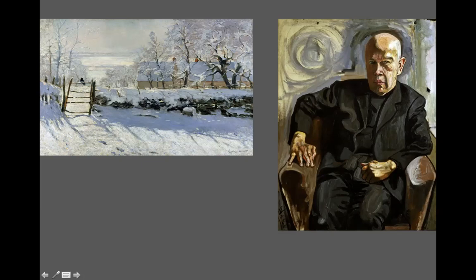So you can always tell the temperature of the light source in an Alice Neel painting. So we see the kind of bluish indication of the light hitting probably the windowsill or the window frame. You see the bluish temperature of the highlight on the arm of the chair, the cool cast of the skin of the sitter. And then as that form rolls around into shadow, the shadow temperature becomes relatively warm.